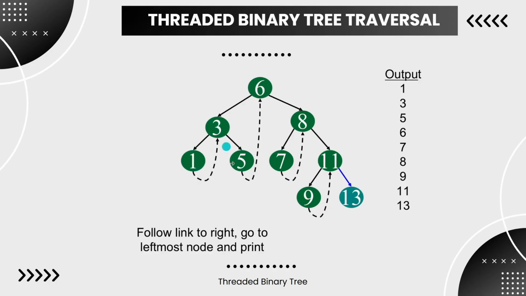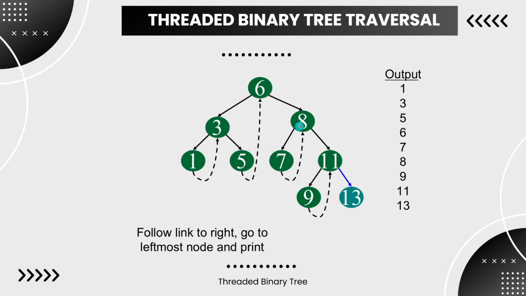But the standard way of doing it is that we start from 1, go to 3, 5, 6, and then we are going to 8. But as you know, this is a forward pointer, and that too it is a normal pointer. So we don't put 8 in the output, rather we go along till 7. We then mark 7 as visited, follow its thread to visit 8, and then only we mark 8 as visited.